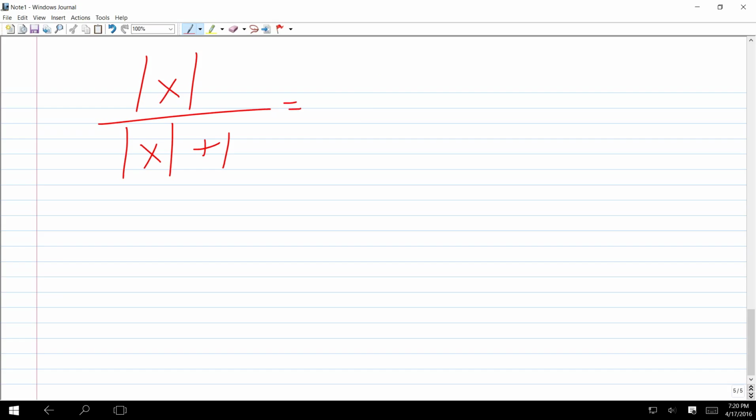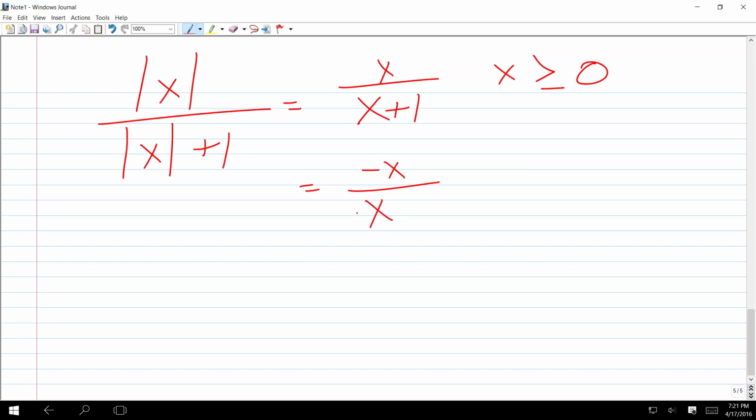So this function is x over x plus 1 whenever x is greater than or equal to 0. And it's minus x over minus x plus 1 whenever x is less than 0.